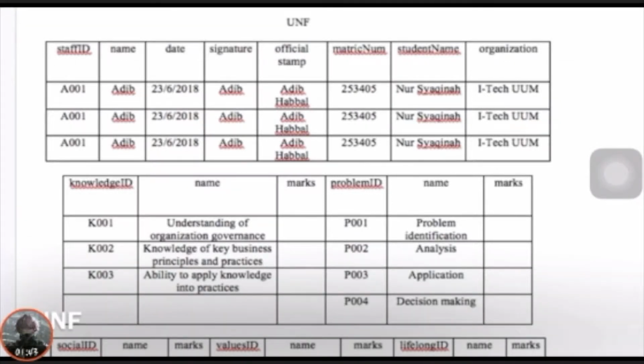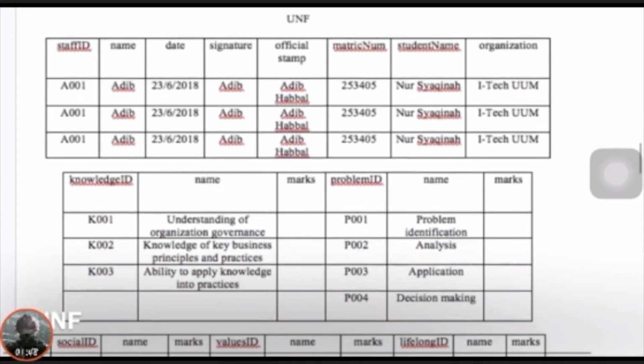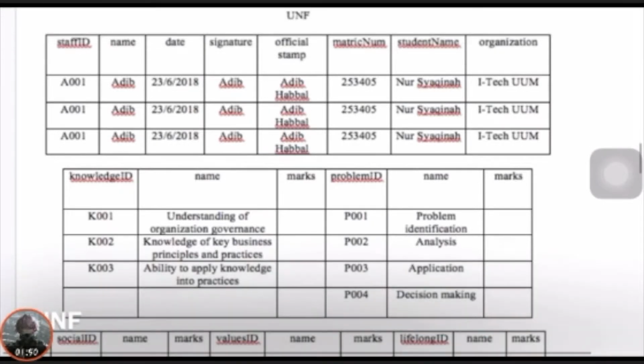This is the data from before, which is the lecture evaluation form. Okay, we transform it into this. First, we write it into an unnormalized form. In the unnormalized form, we just combine all the data into one table like this.